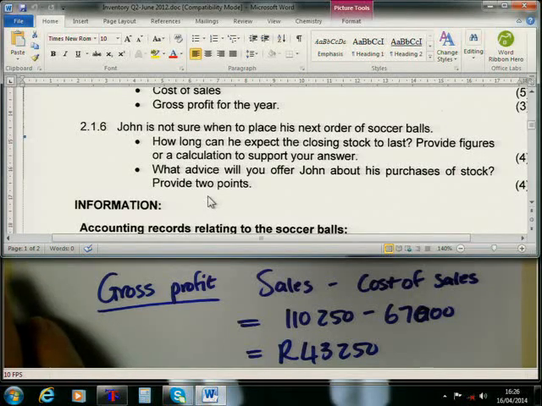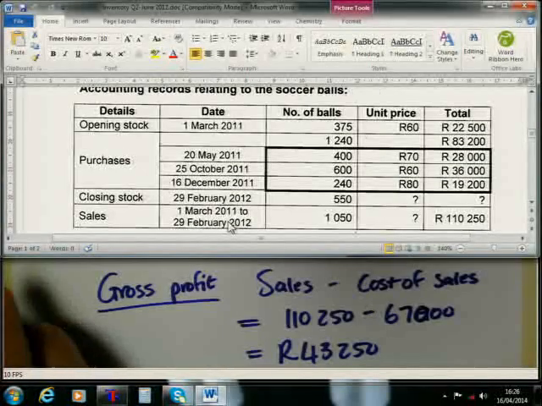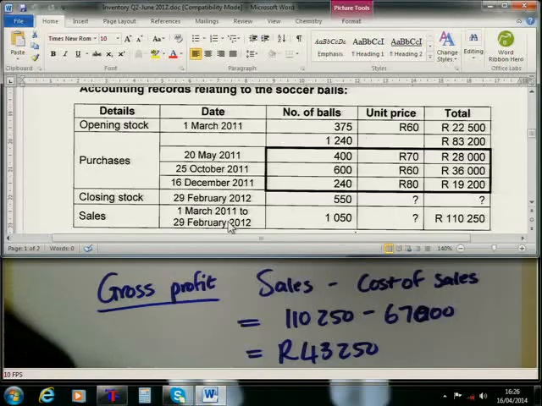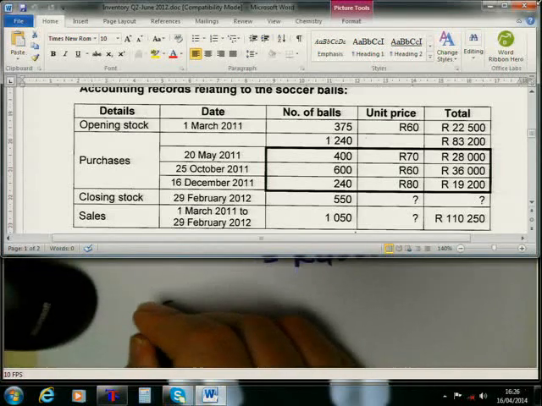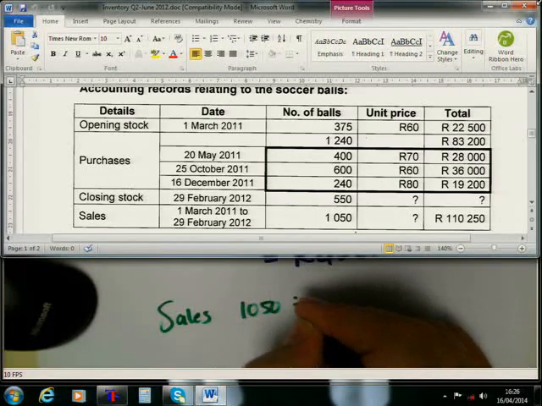It's basically that you take your sales of 1050 and you divide it by 12. You take the amount of soccer balls sold, and you divide it by 12.